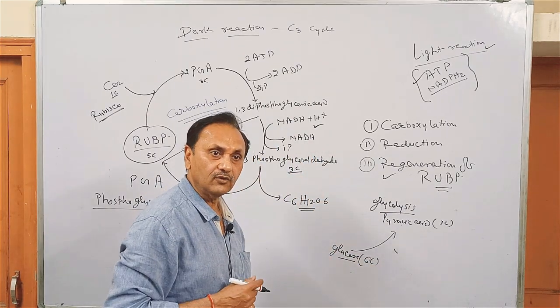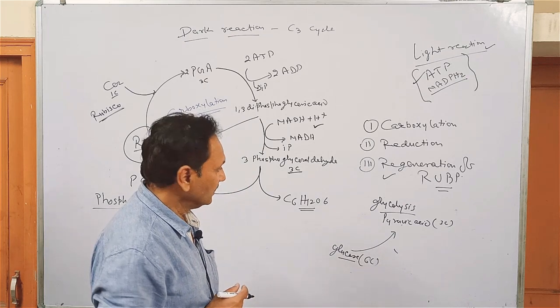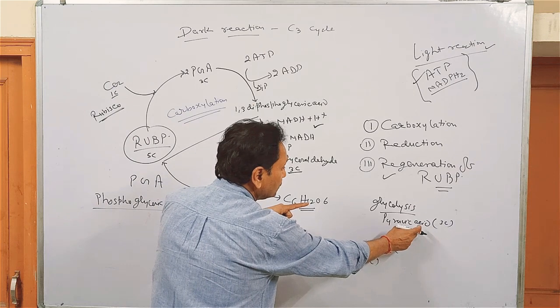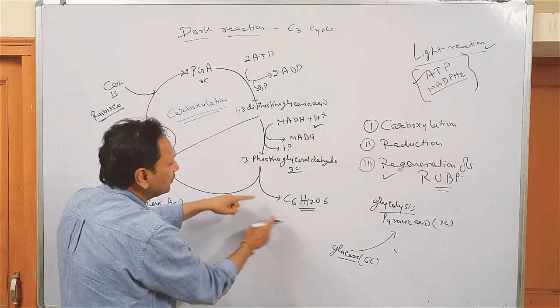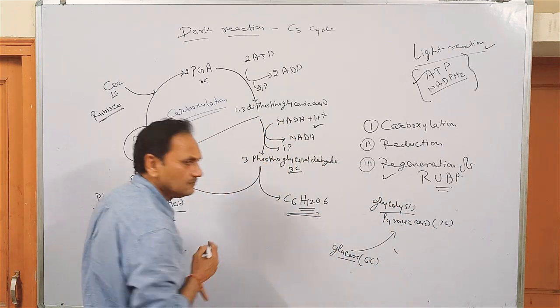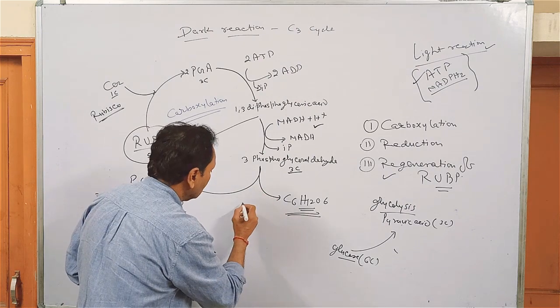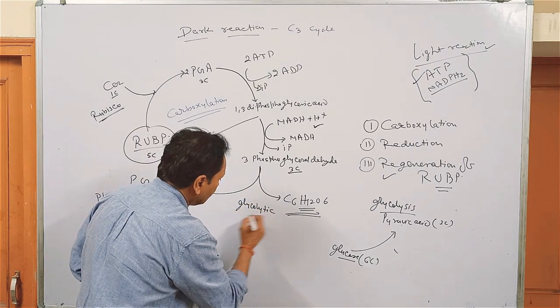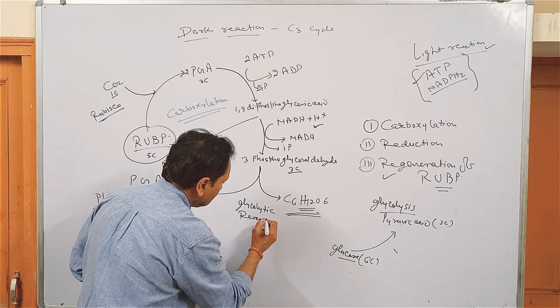This process is called glycolysis. So here the 6 carbon converts into 3 carbon, but here the 3 carbon converts into 6 carbon. So it is called glycolytic reversal.